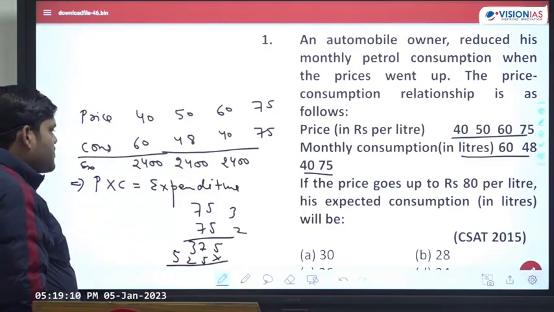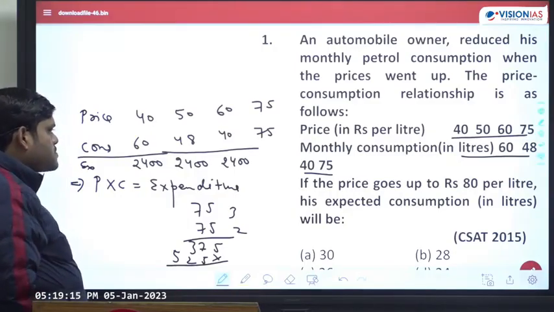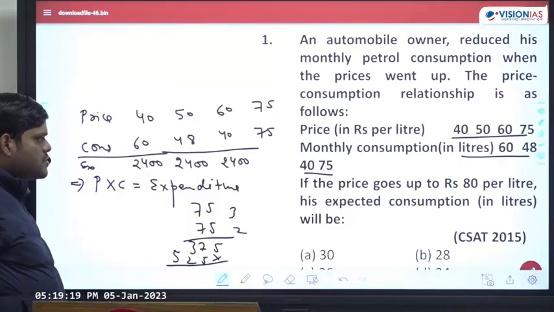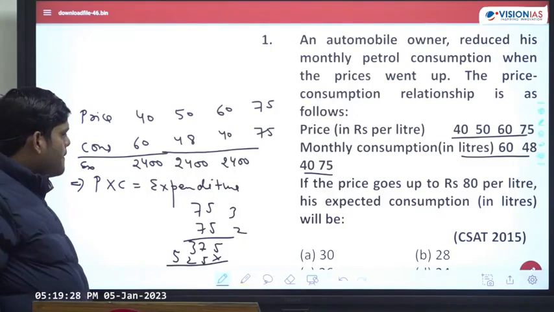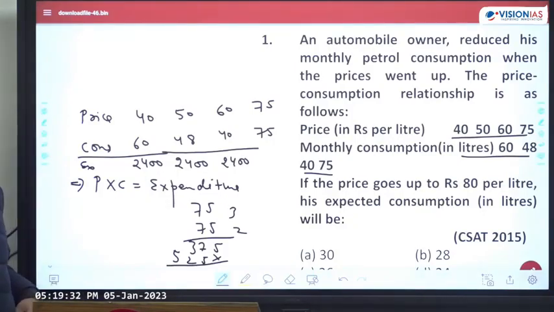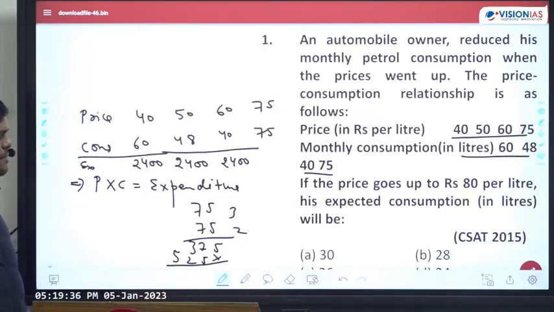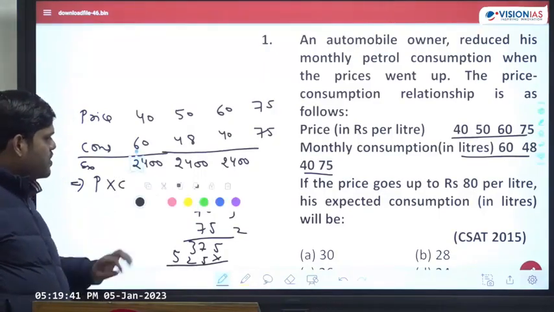This is something different, some data mismatch or what? Because it's not coming to 2,400. Some data is probably mismatched. I think this should be equal to 2,400.